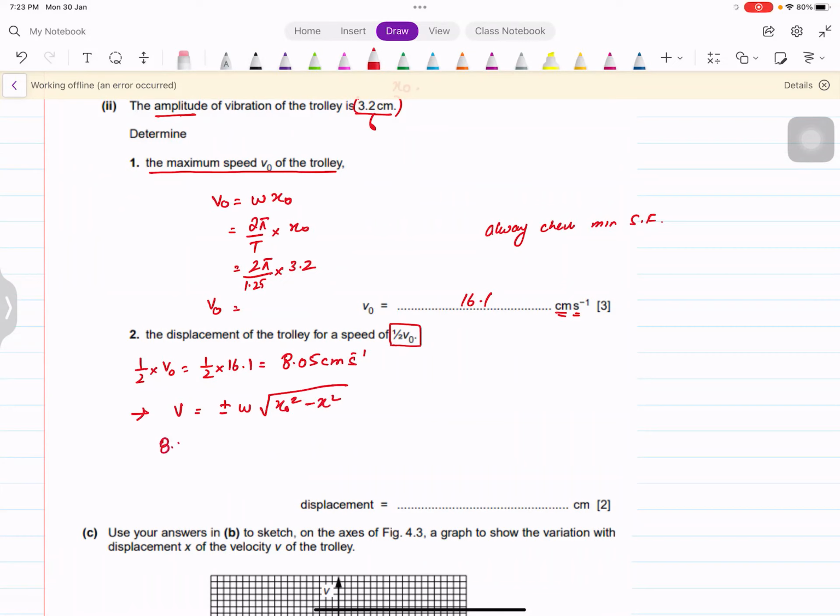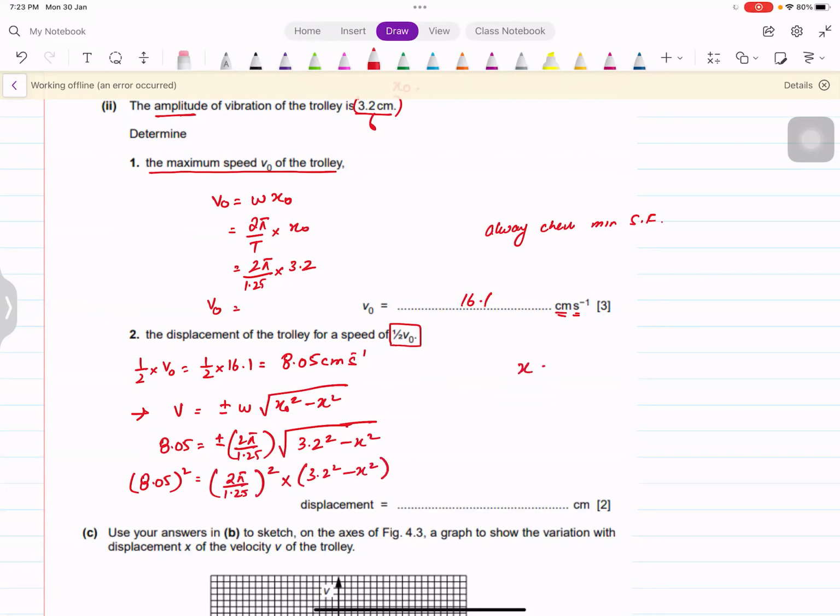You write 8.05 here, plus minus. And omega is just 2π divided by 1.25, and root of x naught was 3.2 whole squared. And we want to find x squared, right? So when you square it off, it is going to be 8.05 whole squared equals 2π over 1.25 whole squared times 3.2 whole squared minus x squared.